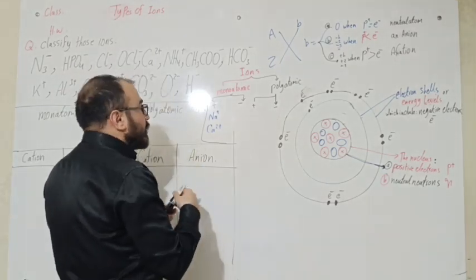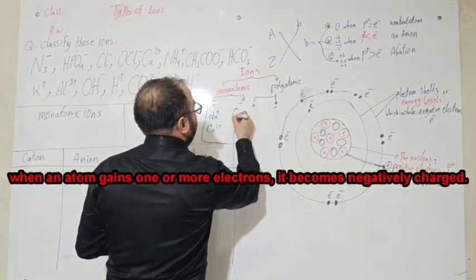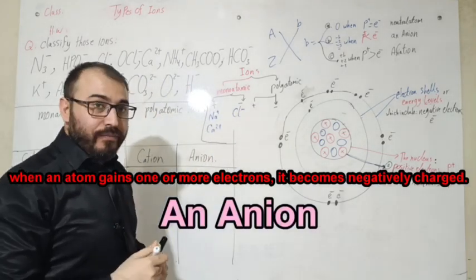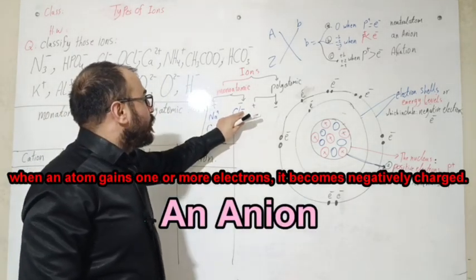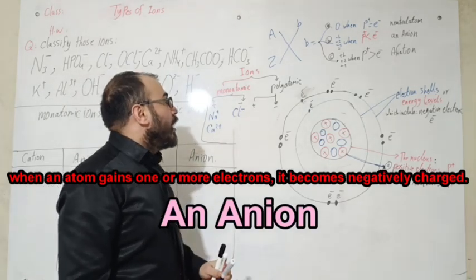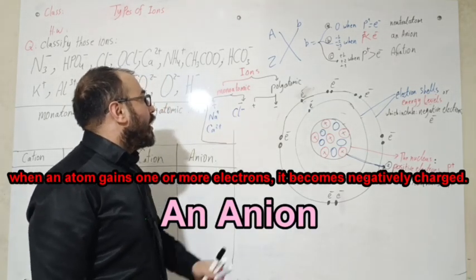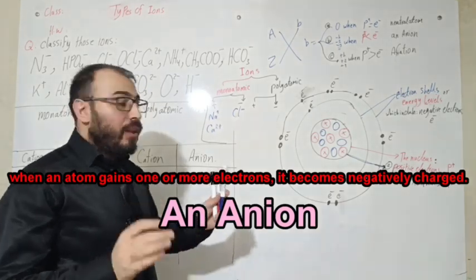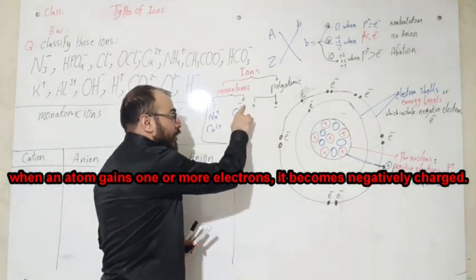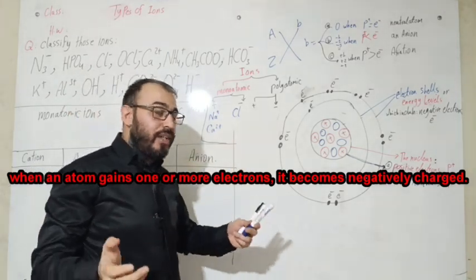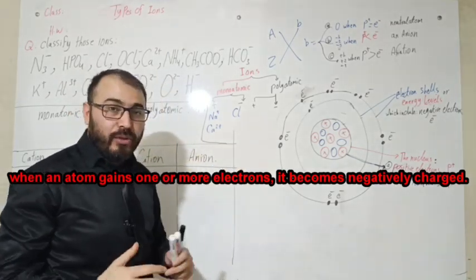Another example is the chlorine here. When a chlorine atom gains one electron, it is going to be negatively charged. Why? Because in the chlorine atom, the number of protons and the number of electrons are equal, and this atom is neutral.